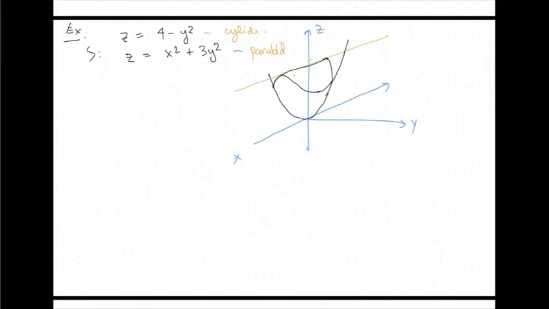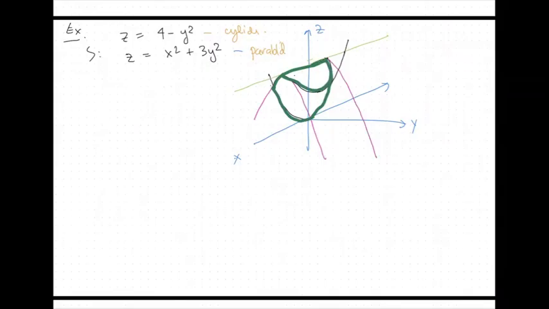Let me draw the portion of the paraboloid so that you can picture out what's happening. So this is the portion of the paraboloid, and this solid here is, let me emphasize by using a different color, this solid.